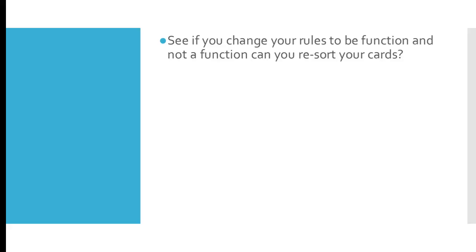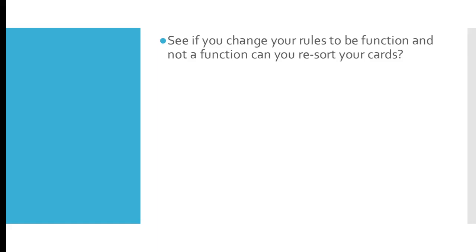Now, they are in alphabetical order. If you look, there are letters on these. So these are the functions. A is a function. C, E. E is a function. G is a function. I is a function.